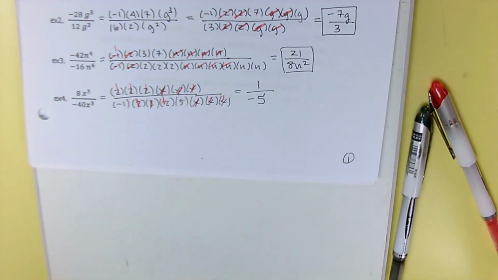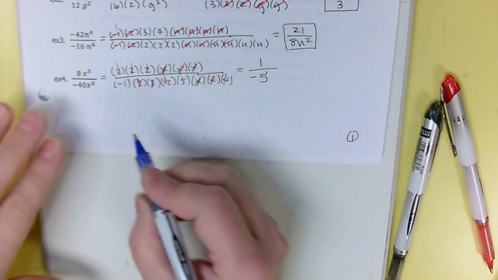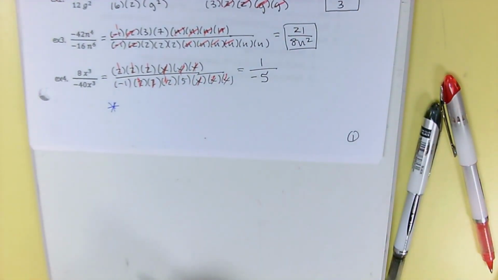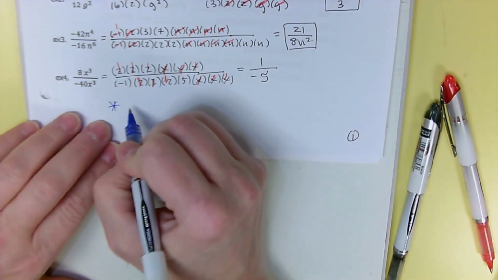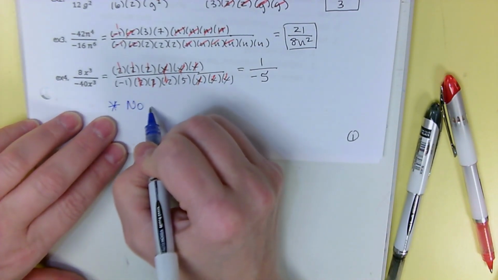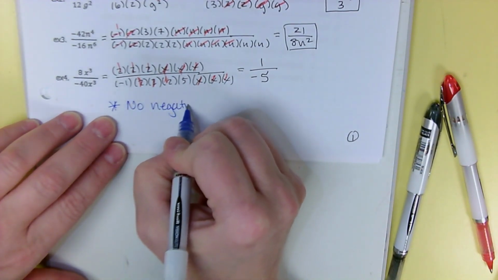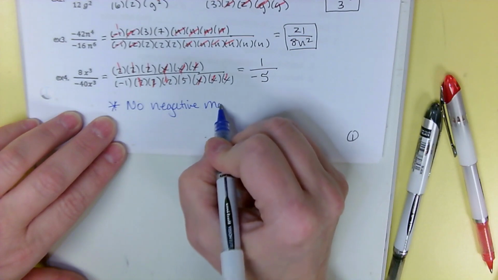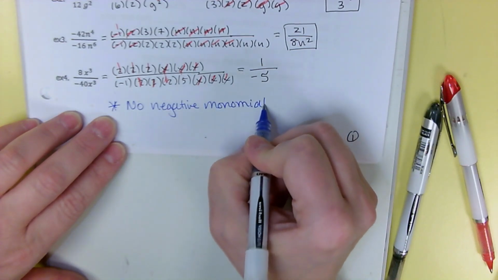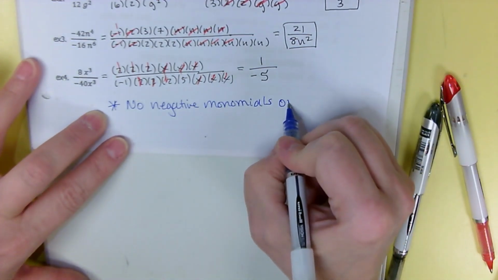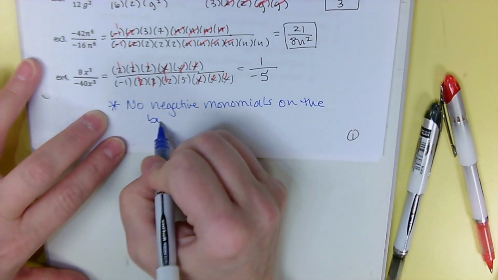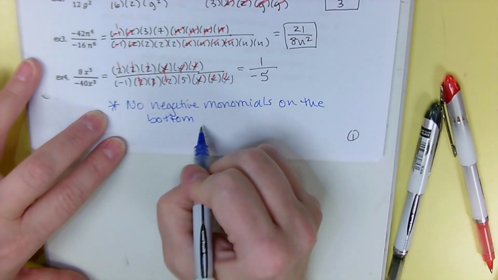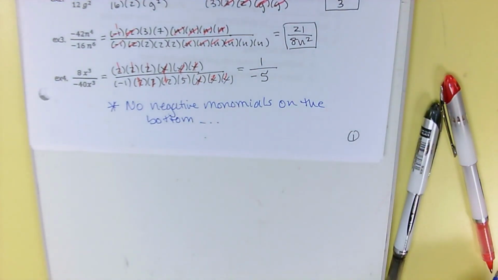Now, here's another rule. Let's write this at the bottom. When you simplify, there can be no negative monomials on the bottom.